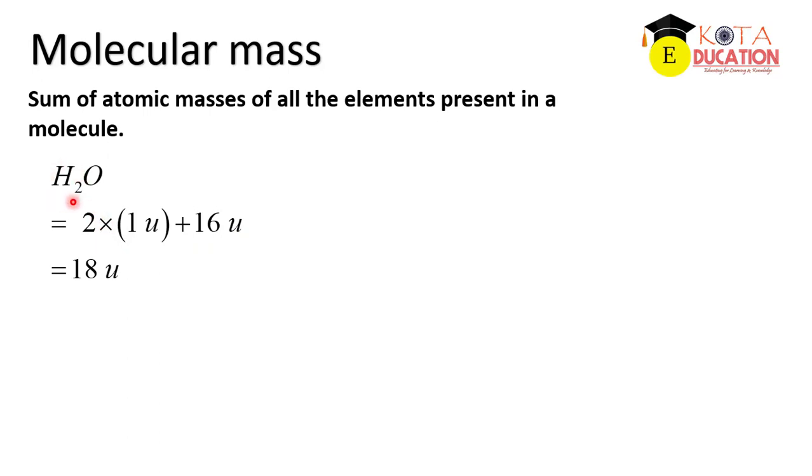So we multiply 2 by 1 plus 16. Total mass becomes 18. We are adding the atomic mass of each and every individual atom, and that total mass in a given molecule is the molecular mass of a given compound.